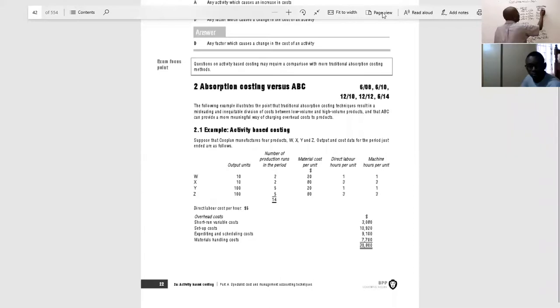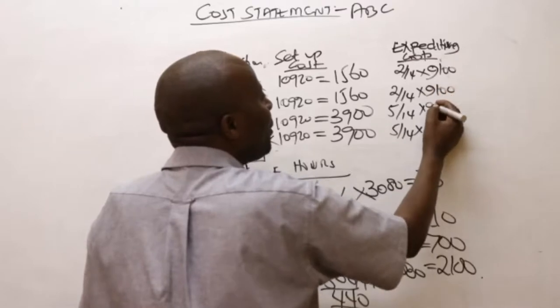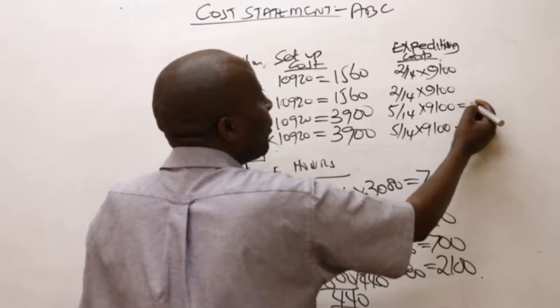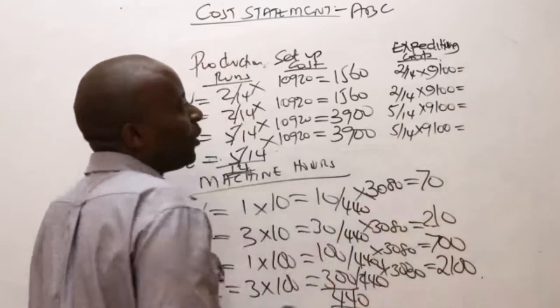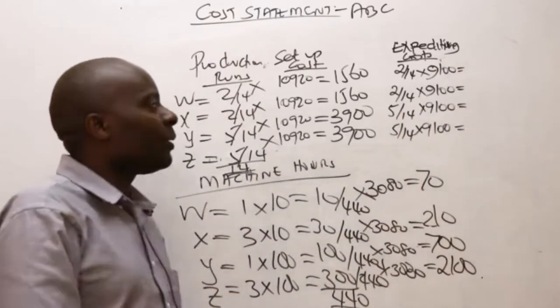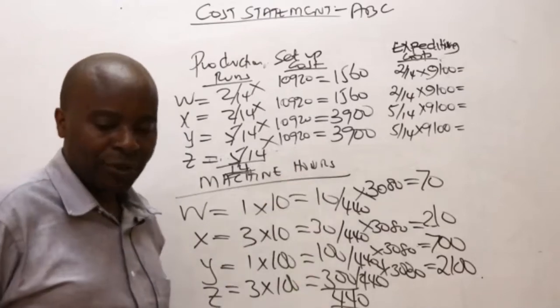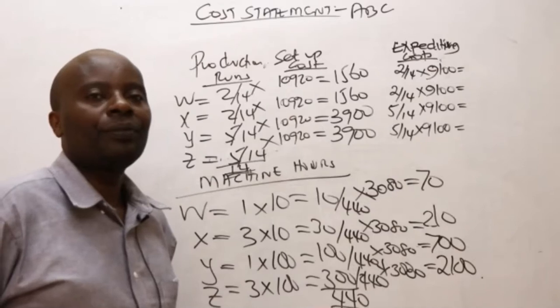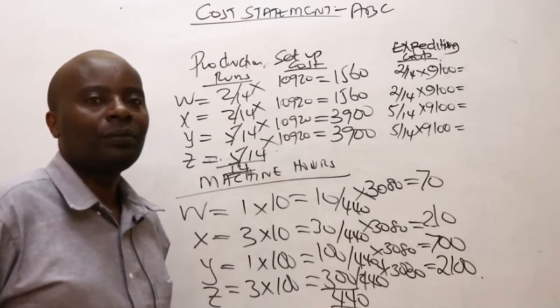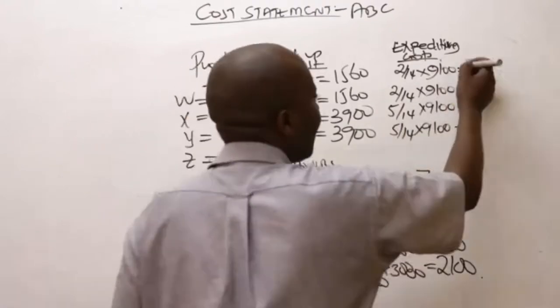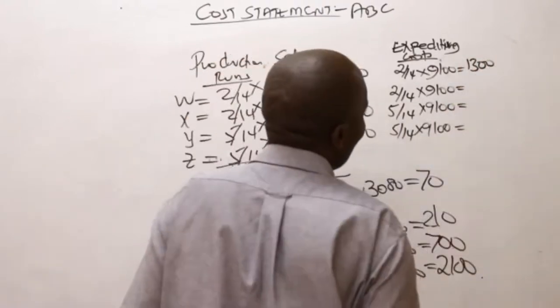Please show them my board for the sake of the students, as we are recording this video. So 2 times 2 over 14 times 9,100, and so on. Give us figures to write down. The first one is 1,300.